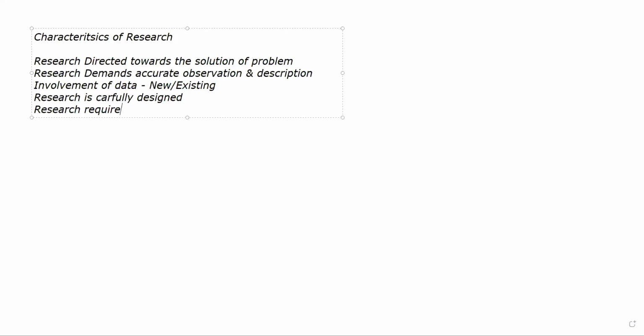Research requires expertise. That is why you will not see each and every random individual performing research. There are specific qualifications that you need to have as a researcher. Understanding terminology, having technical skills, understanding concepts, they are necessary for you to perform research.